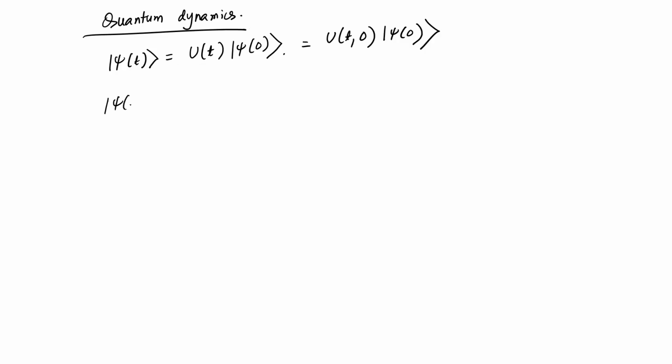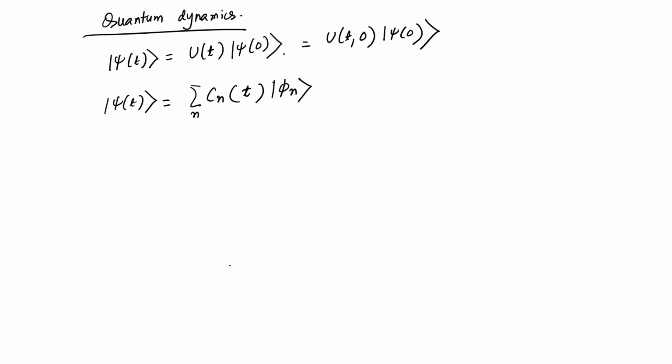Okay. So, we will actually find a form for U of t, 0, and we will do it in two different ways. So, psi of t, which we have already written earlier in terms of its basis states, there was a C n and a phi n, we just kept it vacant for a while. Now, these phi n's are the basis states, and they are usually chosen such that they are independent of time, and the whole time dependence goes into the coefficients C n of t.